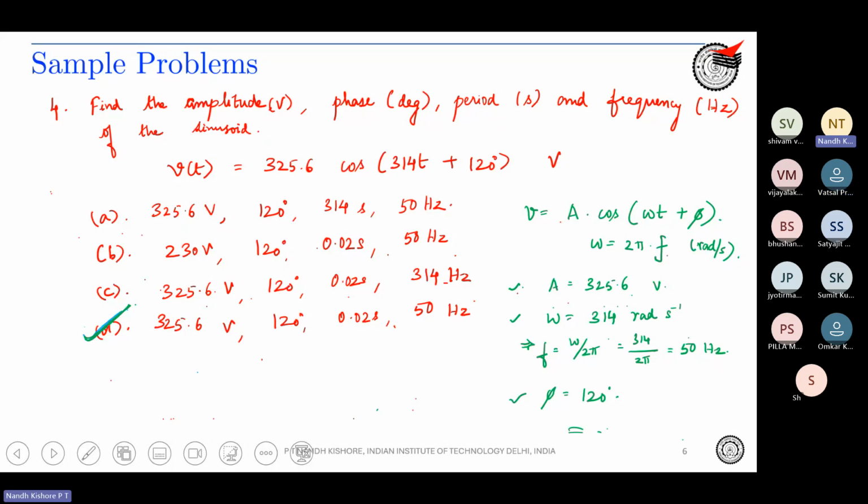No, see, cos or sine is basically our convention only. This is an isolated question where just V of t is given. But generally, if they give both voltage and current, we are not concerned about whether it is cos or sine. We are concerned about the phase difference.